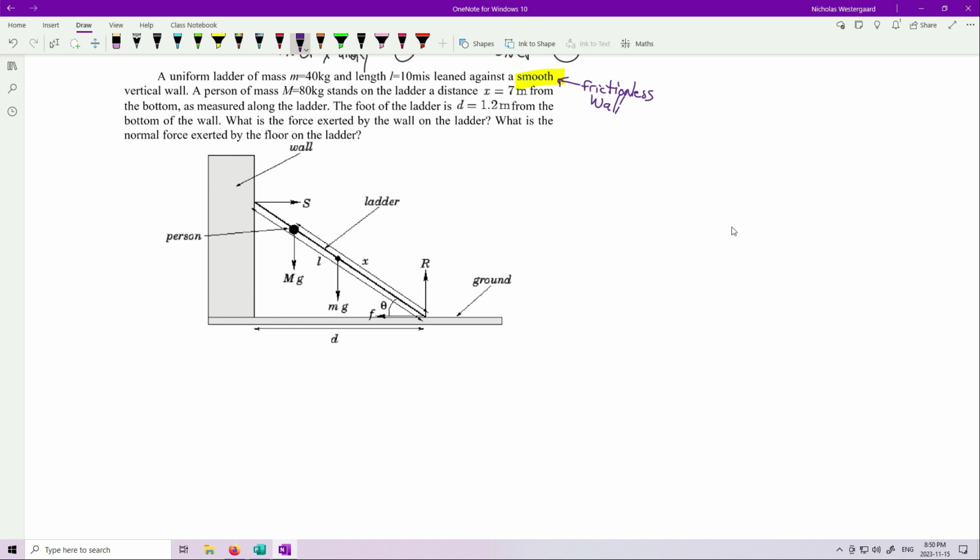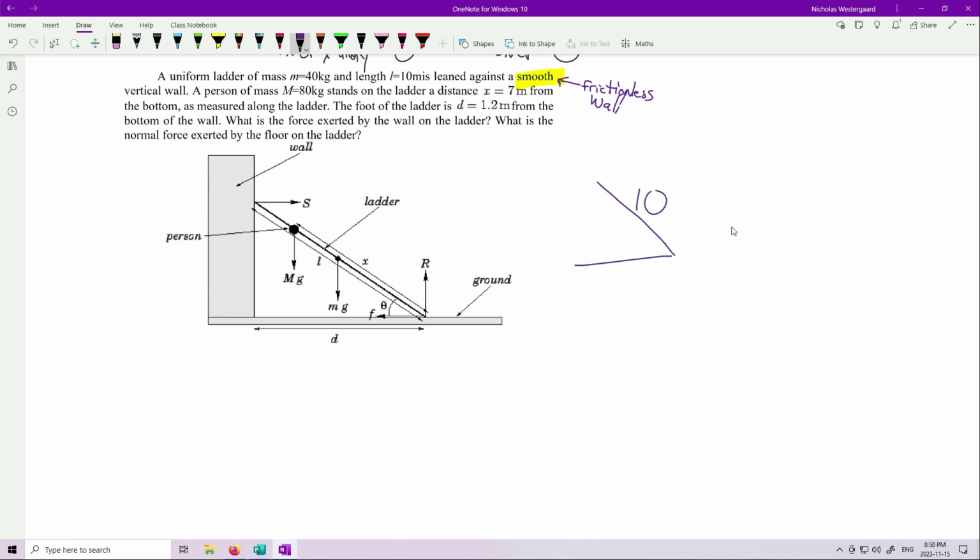In this case, we have a lot going on. There's a lot of different values. We can work this out. We just need to take a little bit of time. Some things for us to check: the length is 10 meters. The d distance is 1.2 meters. So even though we weren't given this angle, we'd be able to find out that angle just by looking at a little triangle.